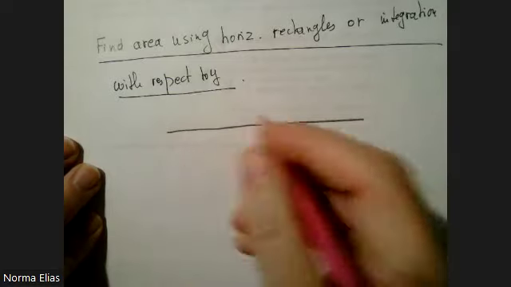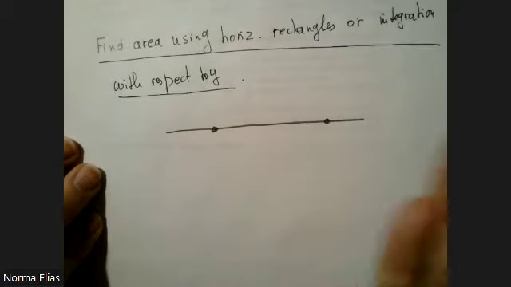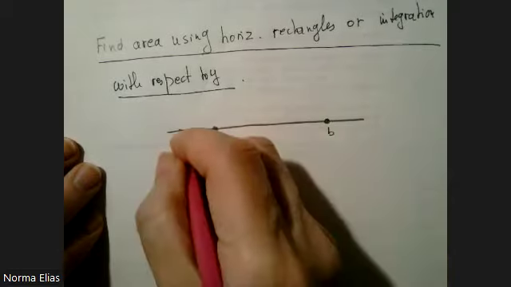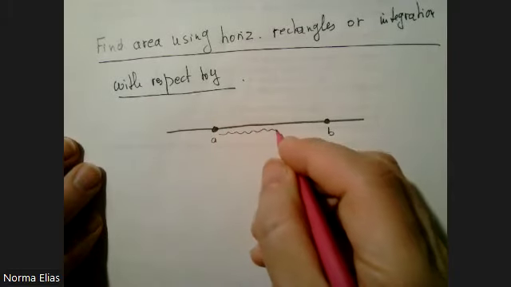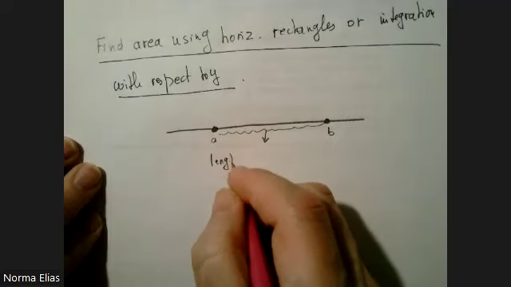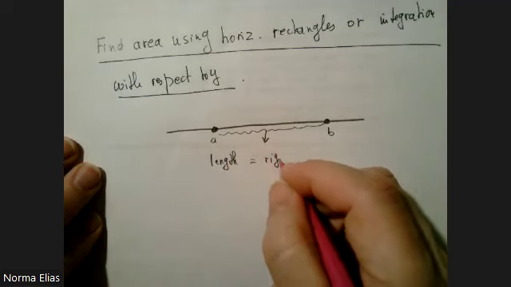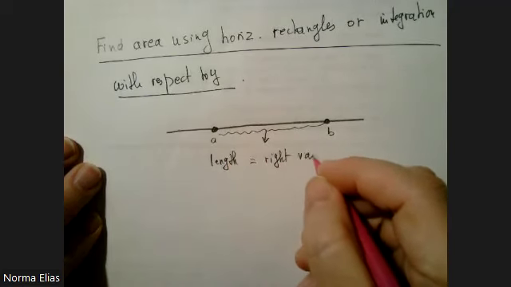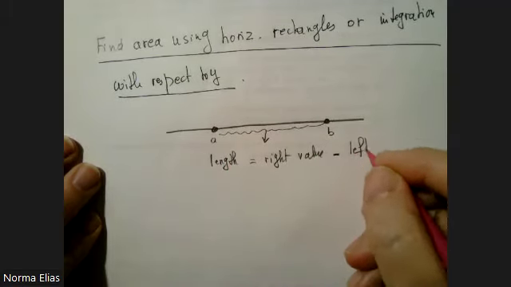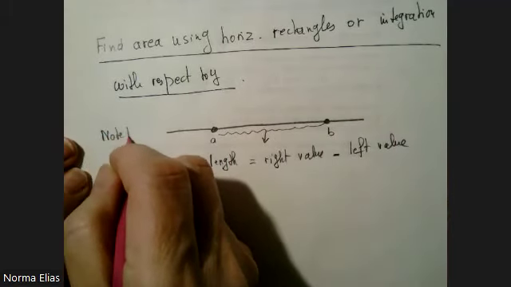So if I have the number line, vertical line, and I have any 2 points on the line, I don't care where they are located, A and B, 0 could be in between, 0 could be here, then the length of this line segment is always the right value minus the left value. So this is what we did yesterday. So I call this note number 1.